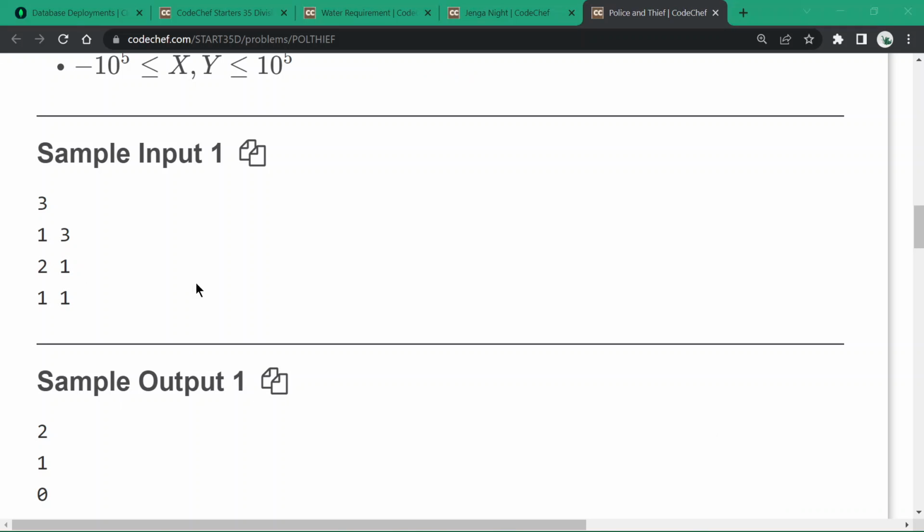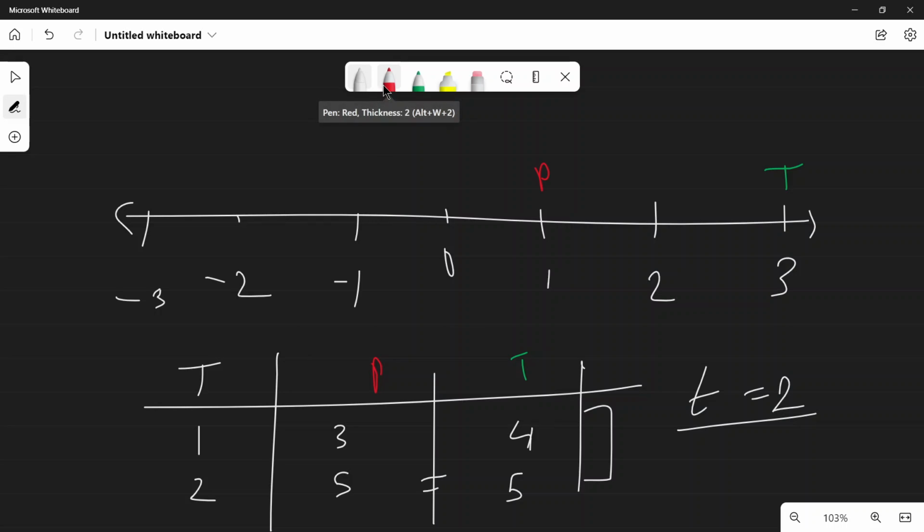For the second case, the policeman is at 2 and the thief is at 1.